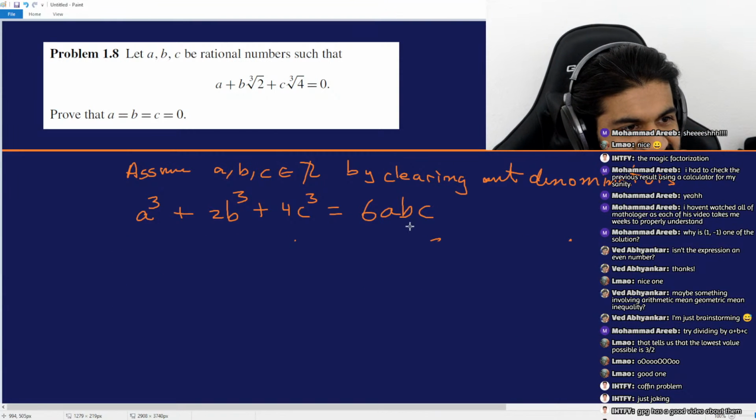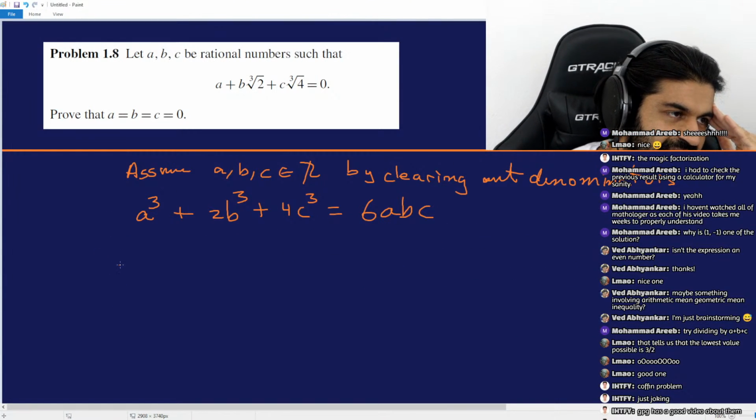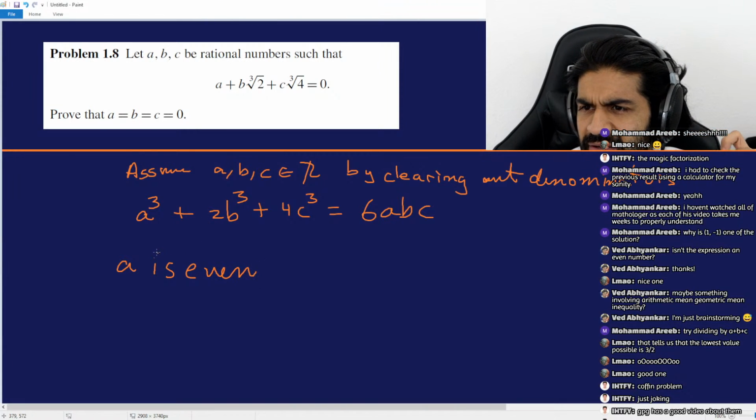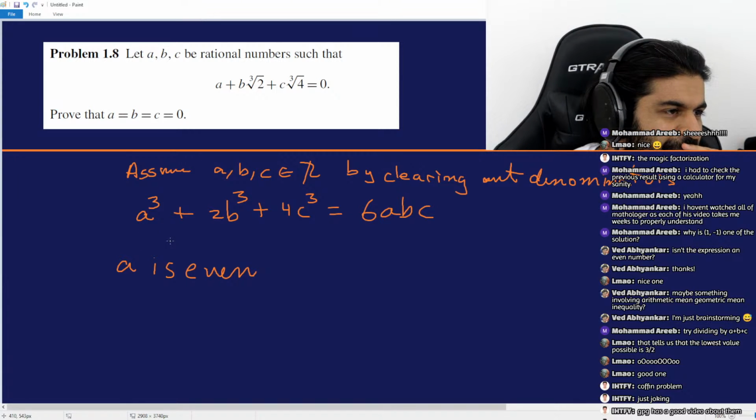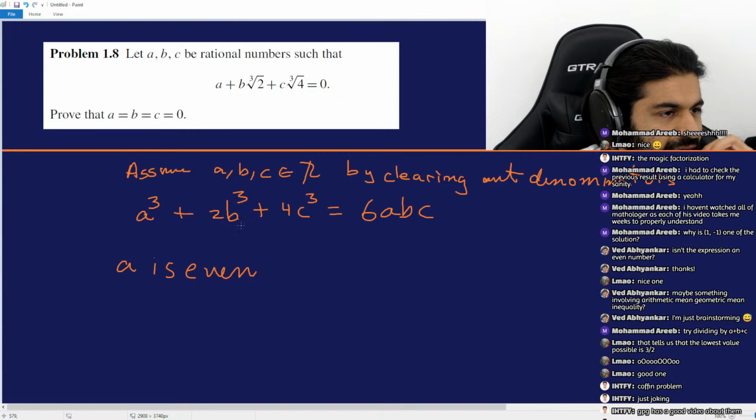What about b and c? Do b and c have to be even too? Because that would be a contradiction if it were true. So a is even, right? If a is even, does that mean b is necessarily even?